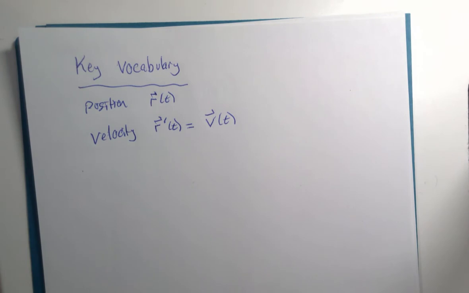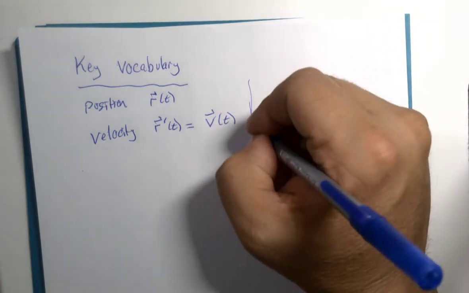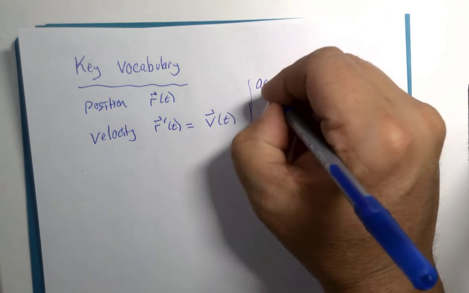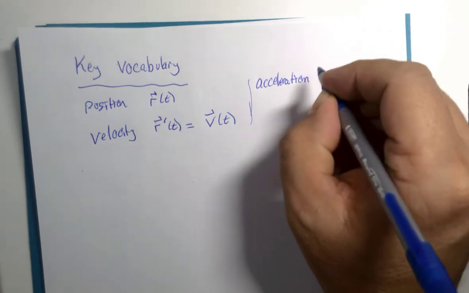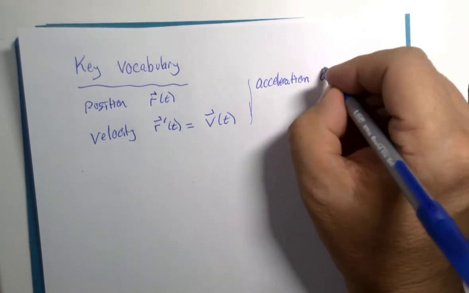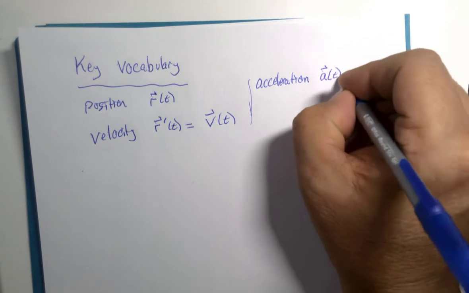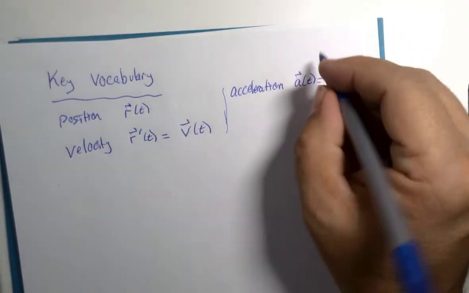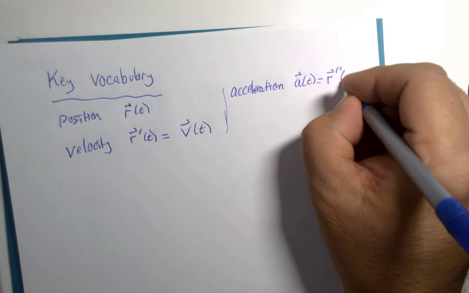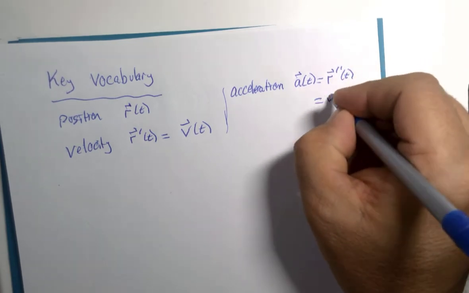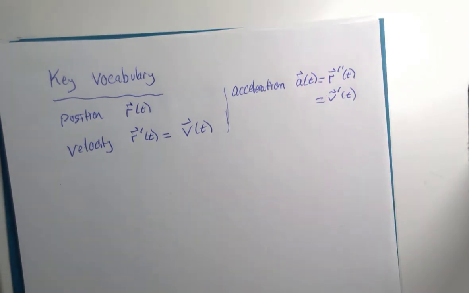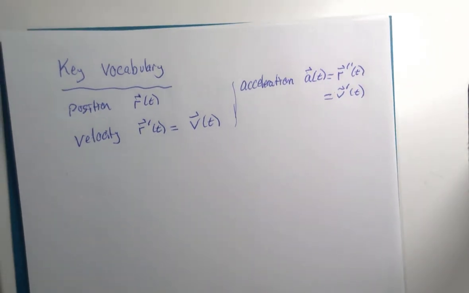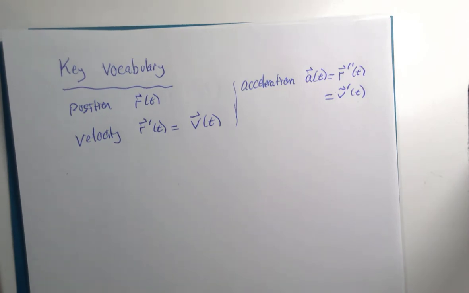And we have acceleration. All right, I'm just going to squeeze that in over here. I don't want to go down the page. You'll see why in just a moment. So acceleration would be the second derivative of position, or the first derivative of velocity. We've done that. I just wanted to make sure you had it in one spot, and also emphasize that you need to be comfortable hearing and using these terms.